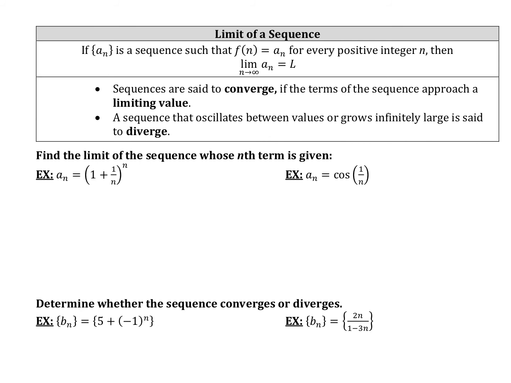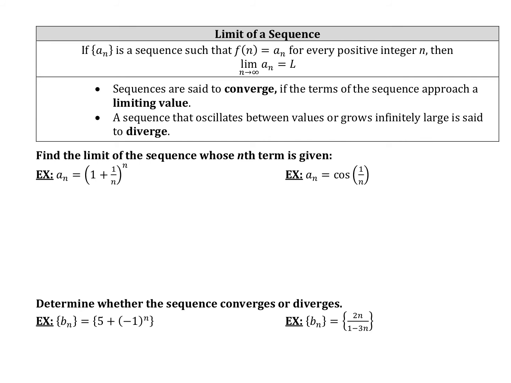Now, a sequence that oscillates between values, so bounces between negative 1 and 1, like we've just looked at, that sequence diverges. It does not converge. Or if it shoots off to infinity, then we say it diverges.